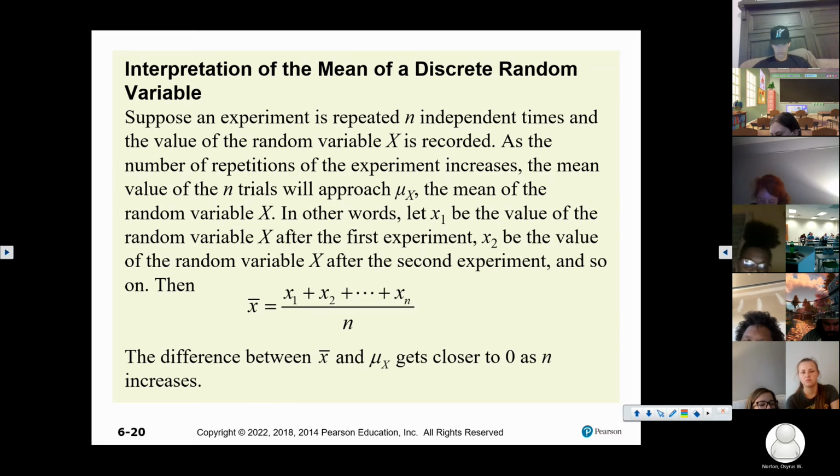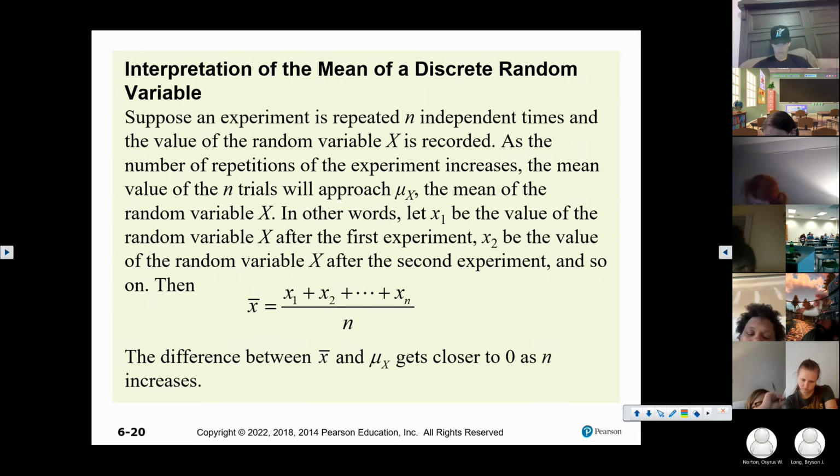The difference between X bar and the calculated mean is what? It gets closer to 0. The difference, they get closer to each other when N increases, or the number of subjects that you survey, or the number of research that you do gets bigger and bigger. That right there is a test question.